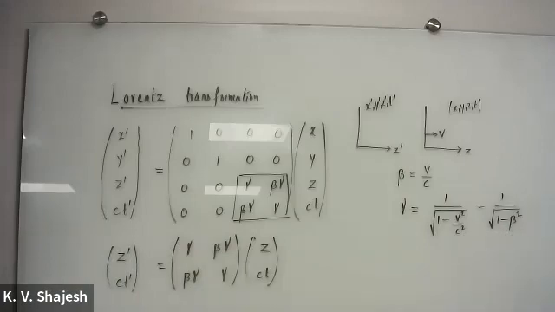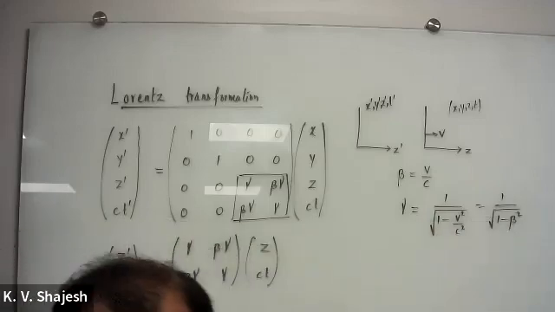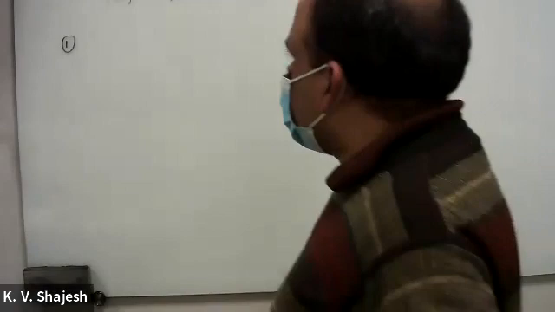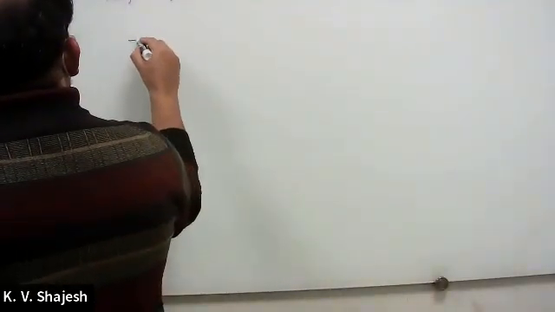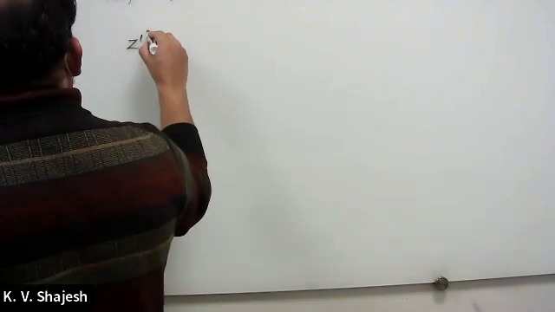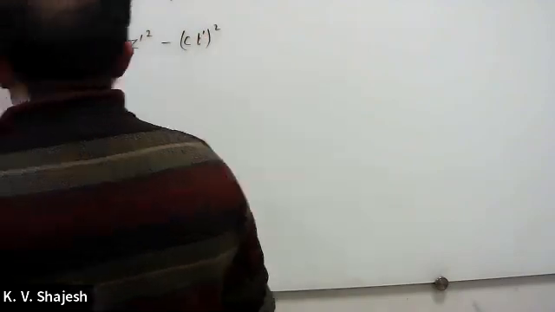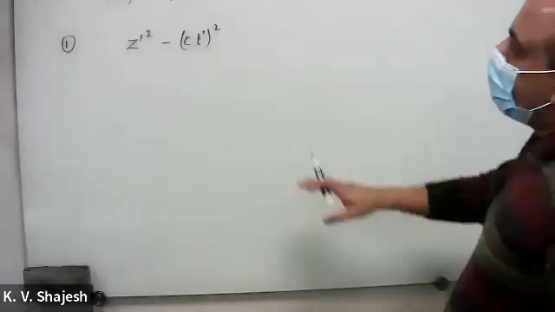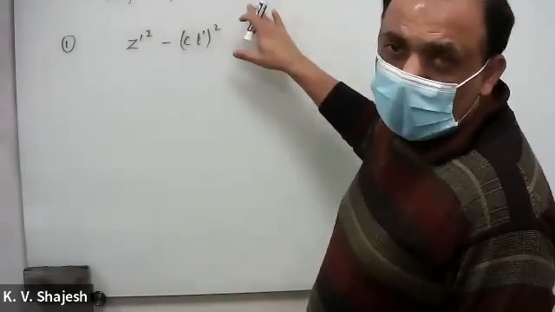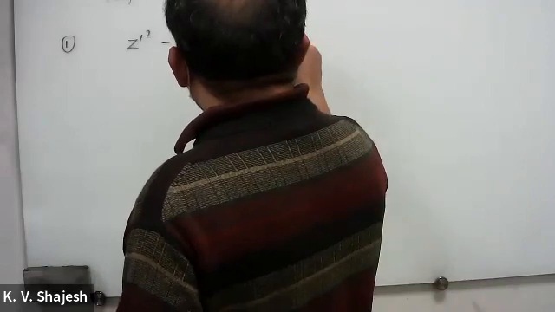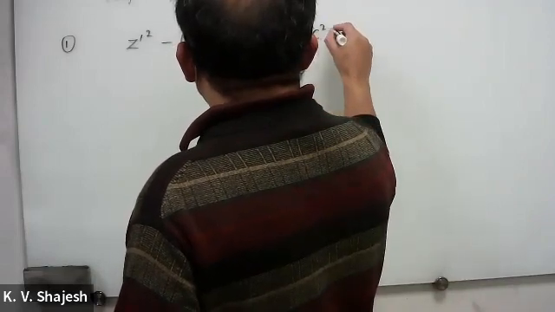And here we would like to see what are the consequences of this. So the first thing we can do, which we sort of talked about last time itself, is that if you were to start with z prime squared minus c squared t prime squared, and evaluate this by substituting this transformation, we did this last time, you can show that this is equal to z squared minus c squared t squared.